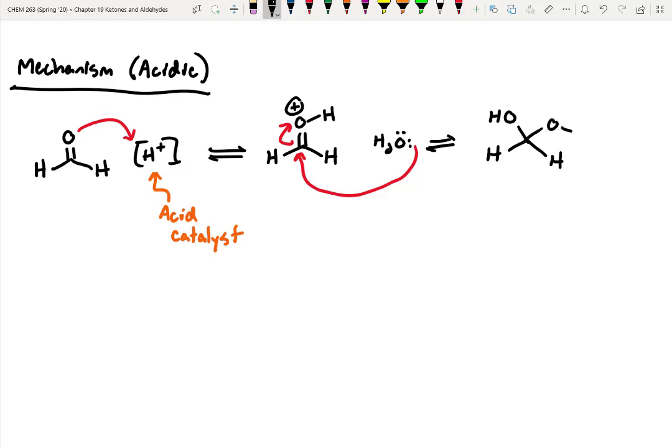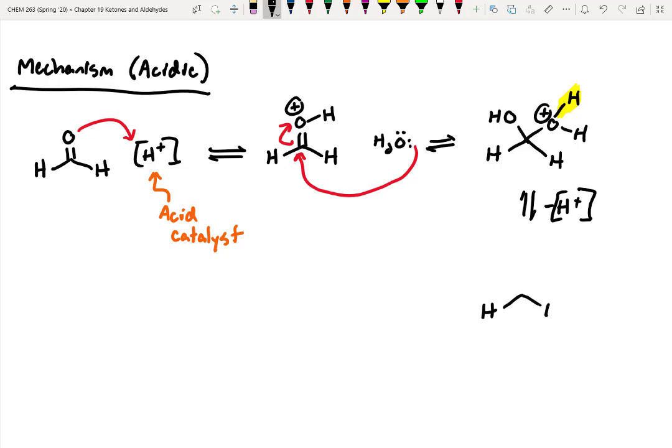The water that attacked in, though, still has a proton on it, right? So when we think about the water, it's this highlighted area right here. It still has two hydrogens, so all we need to do in this next step is remove one of those protons, and I'll highlight it and write -H+.